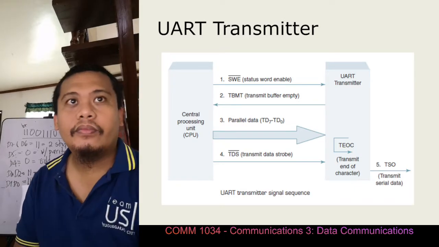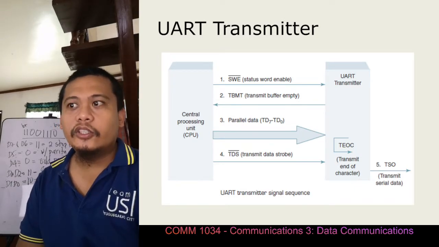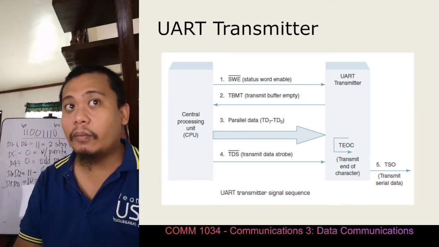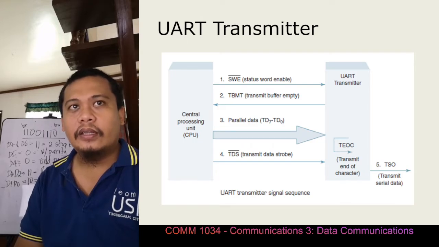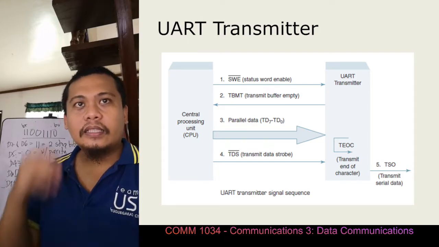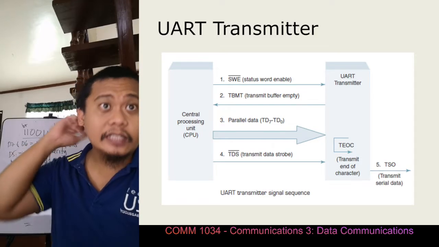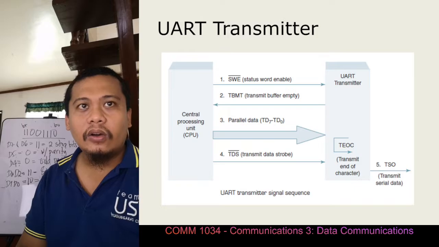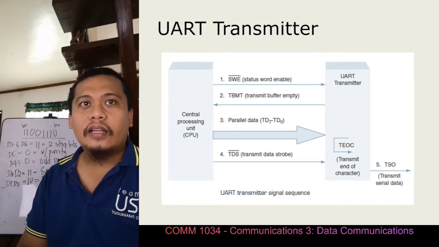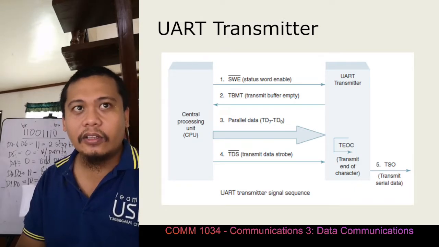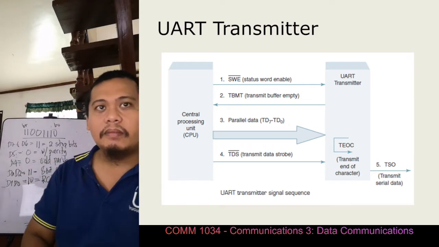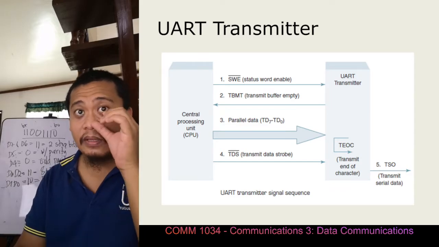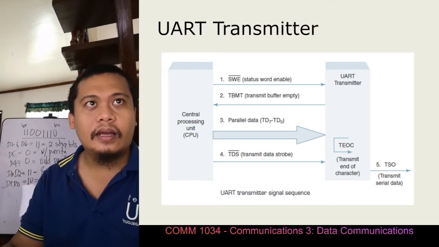So, ilalagay niya yun once na nag-send ng transmit data strobe yung central processing unit. Okay, so the contents of the transmit buffer register are transferred to the transmit shift register when the transmit end of character signal goes active. Okay, so the TEOC signal is internal to the UART and simply tells the transmit buffer register when the transmit shift register is empty and available to receive data.